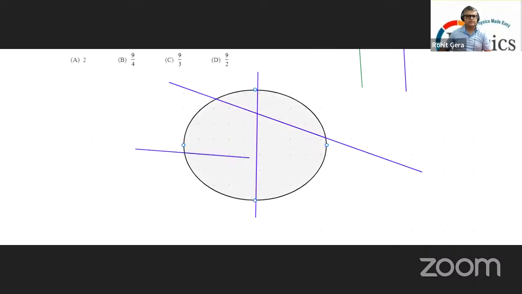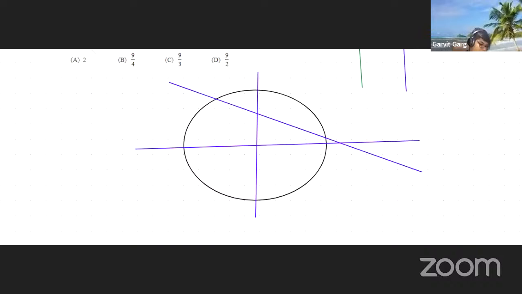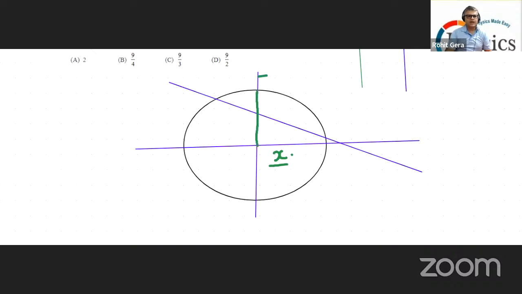So this is a circle, and now the question is, what is the area bounded by y is equal to 0? So y is equal to 0 means the x-axis. Agreed. So the circle, and let me bound it, and y is equal to 0 is this, x is equal to 0 is this, and then I say also by this line.